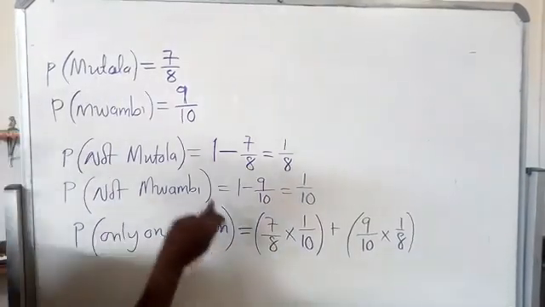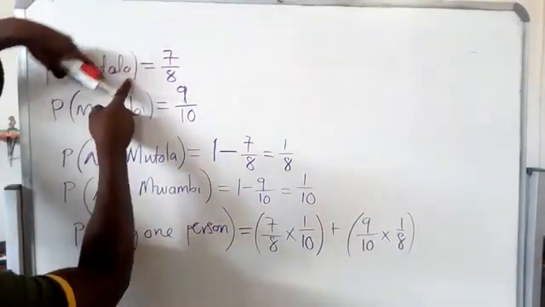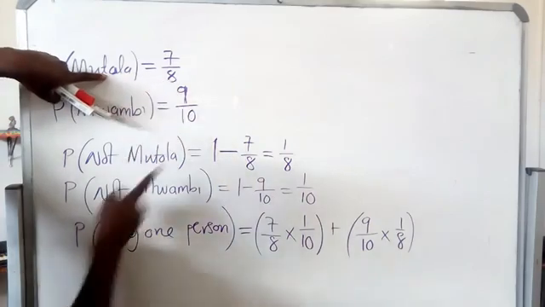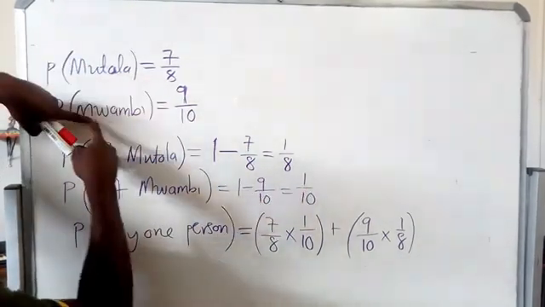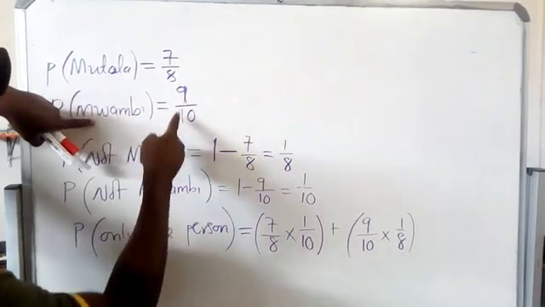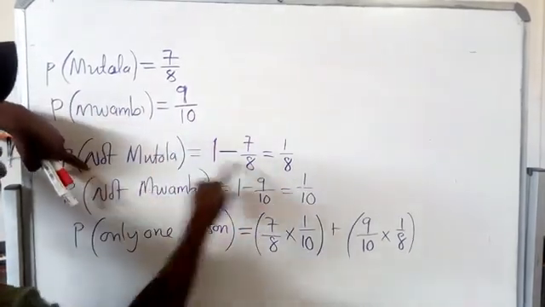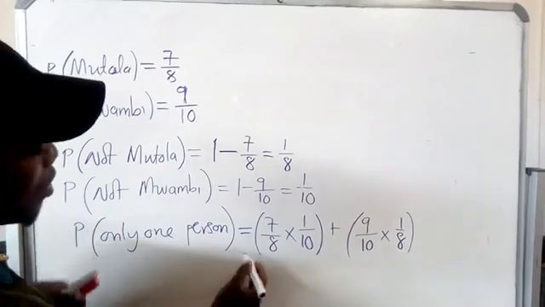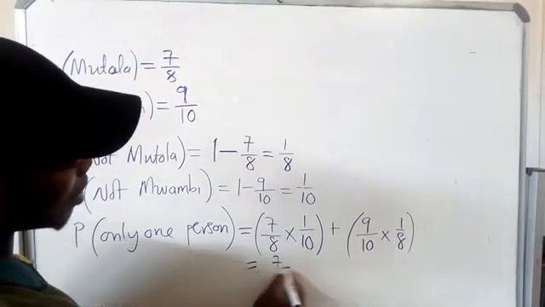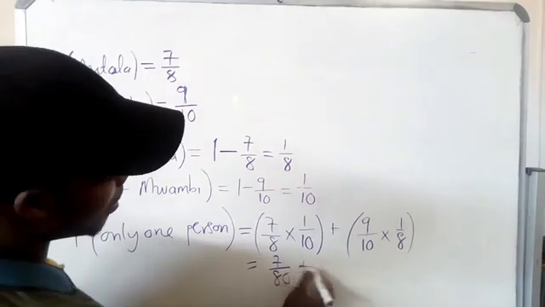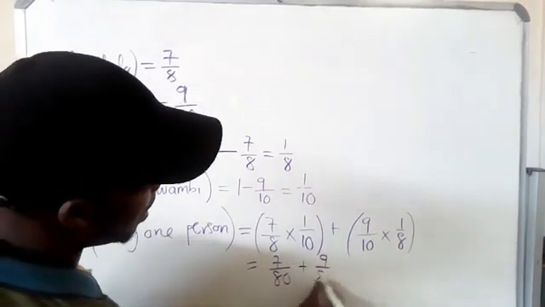In short, we are just doing this. This is Mutola, probability here, times not for Mwambi, which is here, plus the probability of selecting Mwambi times the probability of not selecting Mutola, which is here. So when we do our calculations nicely, here we have 7/80 plus 9/80.